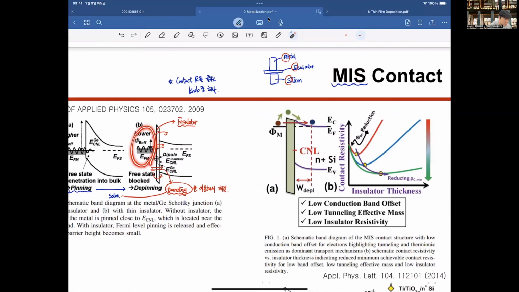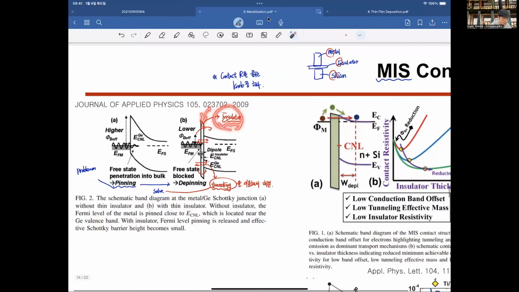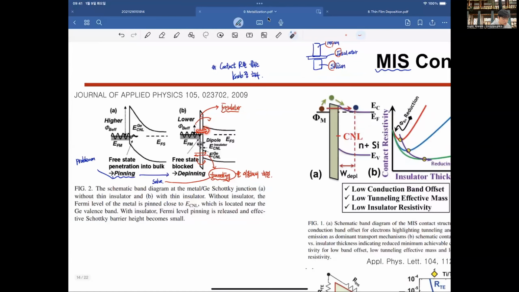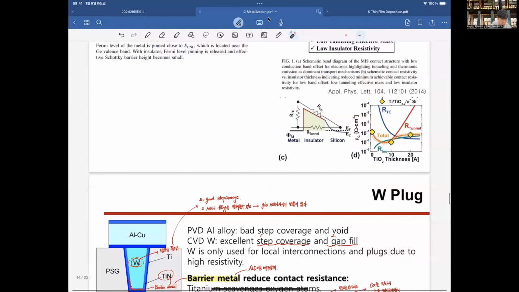There's a metal, and we put an insulator on this surface. It makes more tunneling, and it can improve the conductivity and it makes a path for the electrons. So it reduces the resistance of the contact.